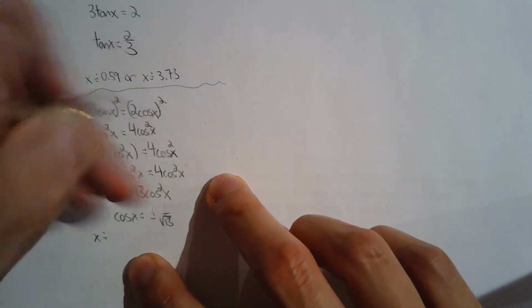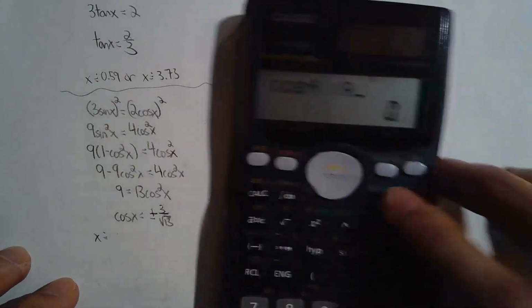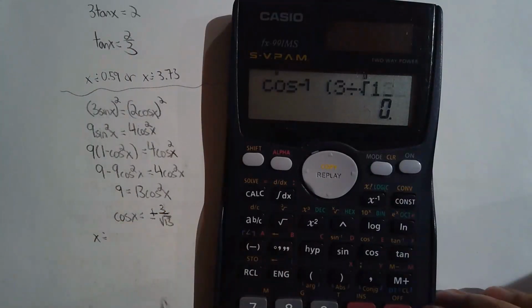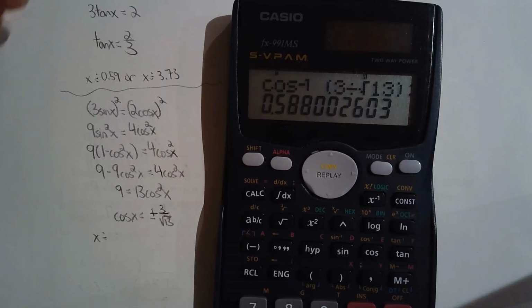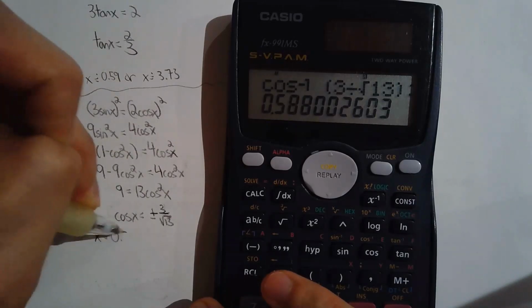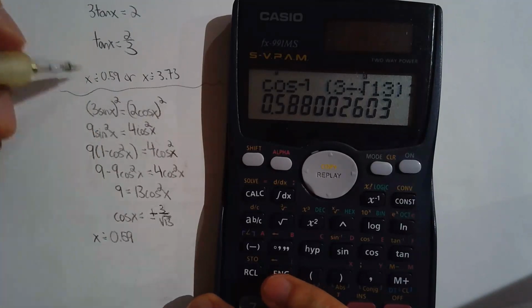It's 3. I squared the denominator, but not the numerator. Which makes sense. 9 over root 13 is greater than 1. That was crazy for me to take the inverse cosine of 9 over root 13. Anyways, so 0.59. Hey, what do you know? That's exactly the same as my first strategy.